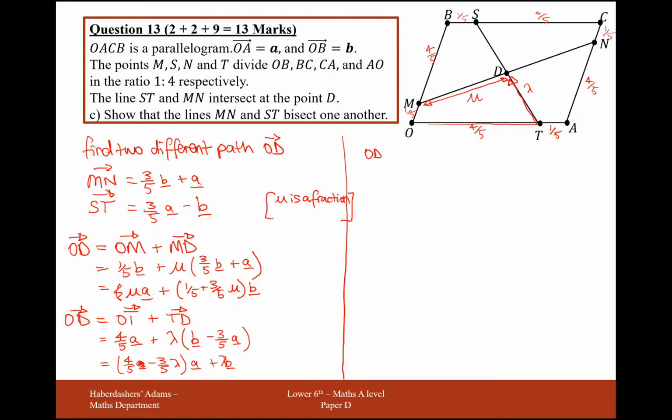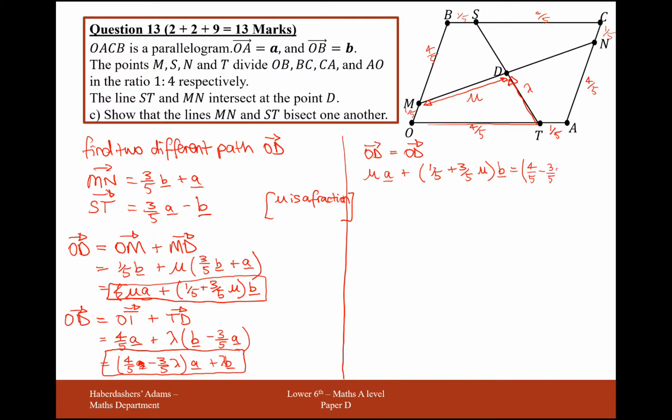So given that O to D must equal O to D, we know that this way of getting from O to D must be the same as this way of getting from O to D. So we can say here that mu A add a fifth plus 3/5 mu, lots of B, needs to equal, running out of space here, 4/5 minus 3/5 mu, lots of A, plus lambda B.